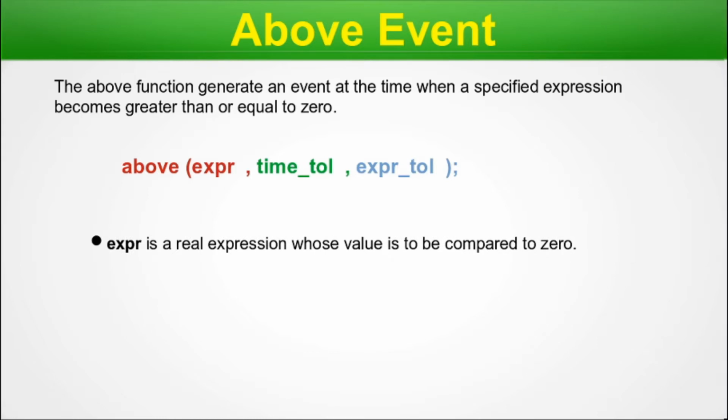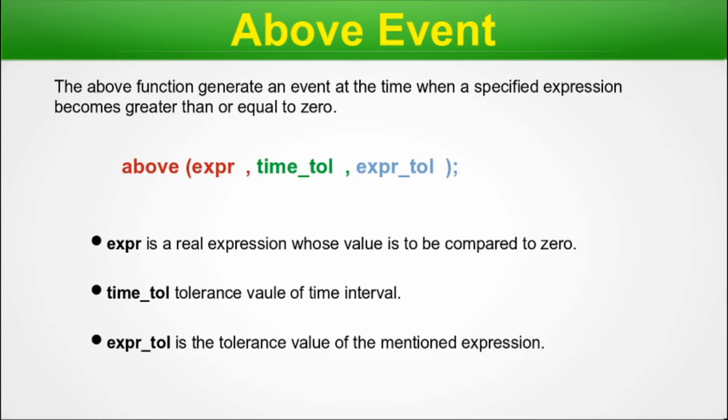The expr, or the expression, is a real expression whose value is to be compared to 0. Time tolerance is the tolerance value of the time interval, and expression tolerance is the tolerance value of the mentioned expression.